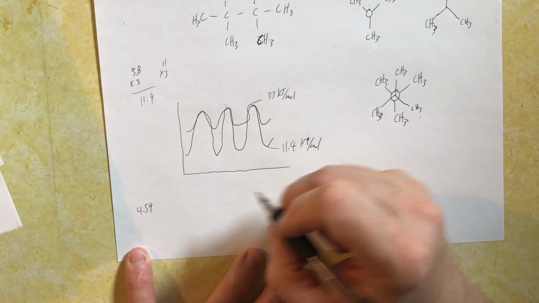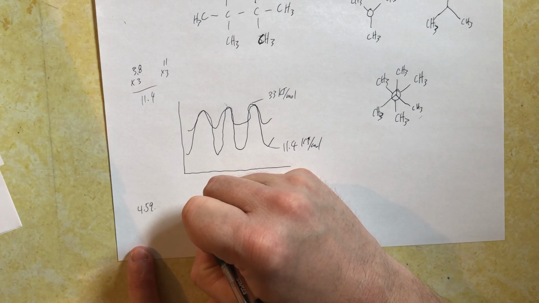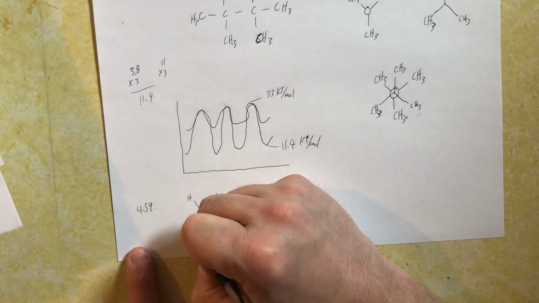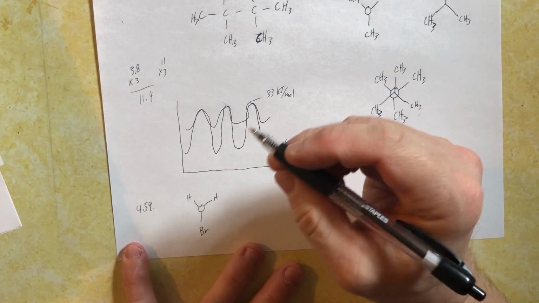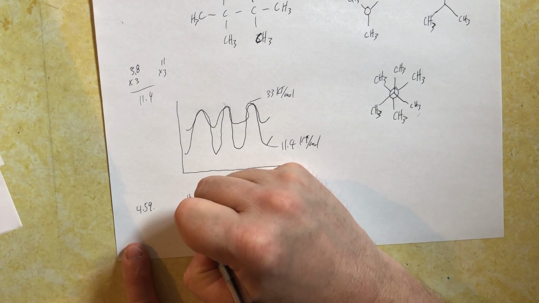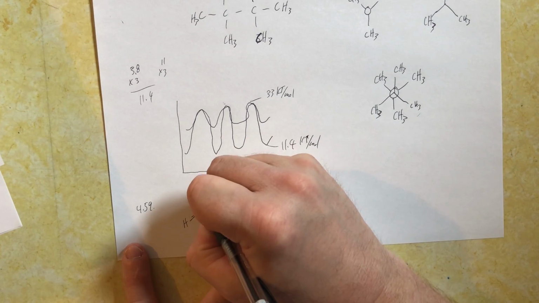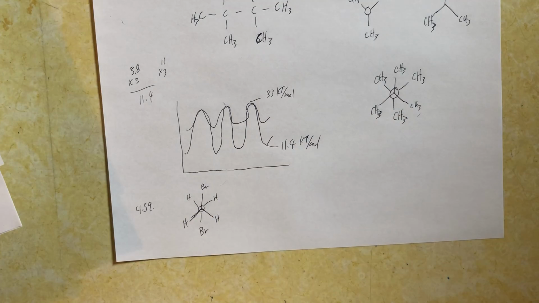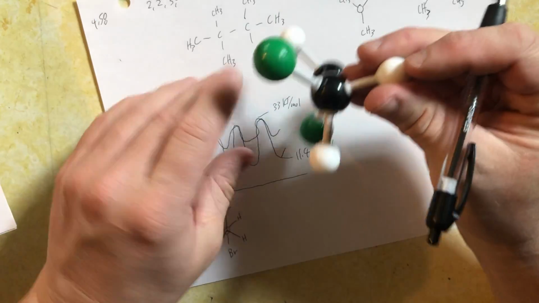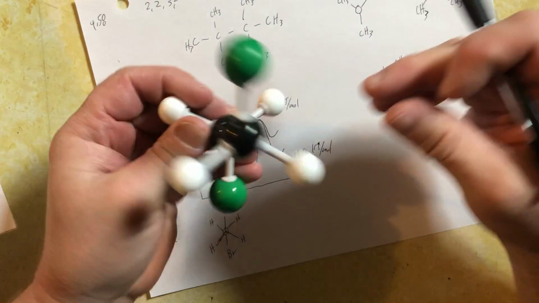But I came up with the lowest being the one that had the bromines on opposite ends of the molecule. Something like this. If these green ones were bromine, it would be like so.